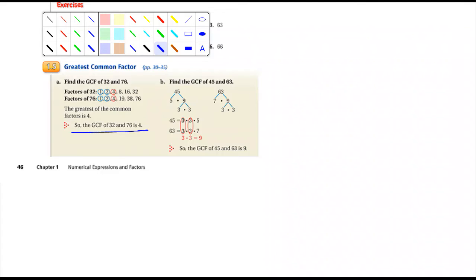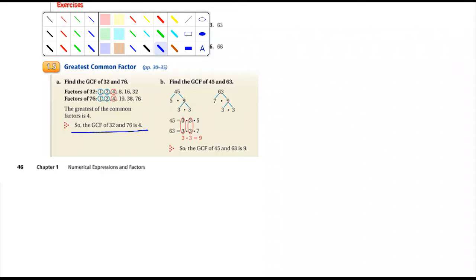Another way to do it, and that's the method I've preferred, and I showed you, and that's example B here, and that is find the greatest common factor of 45 and 63. And in that one, they factor them out. And so 45, it's got 2 3s, a 5, and a 7. Notice that when we're talking about the greatest common factor, they just use the factors that match. They both have 3s. Now, when you find the least common multiple, which is in 1.6, you're not worried about whether they match or not.